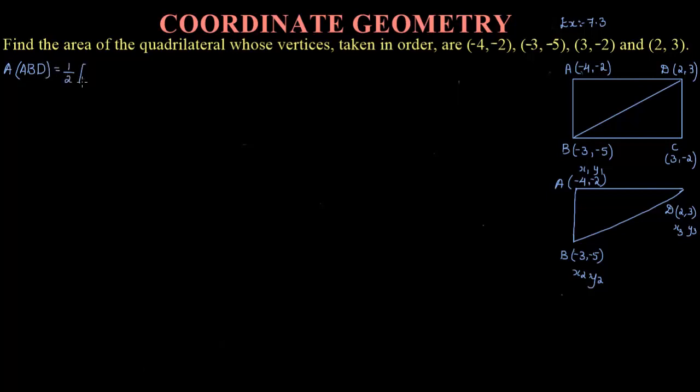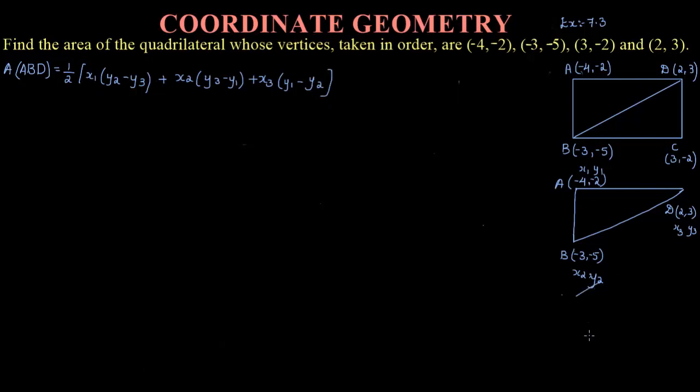Half into x1 (y2 minus y3) plus x2 (y3 minus y1) plus x3 (y1 minus y2). Okay, so this is the formula to find the area of the triangle.